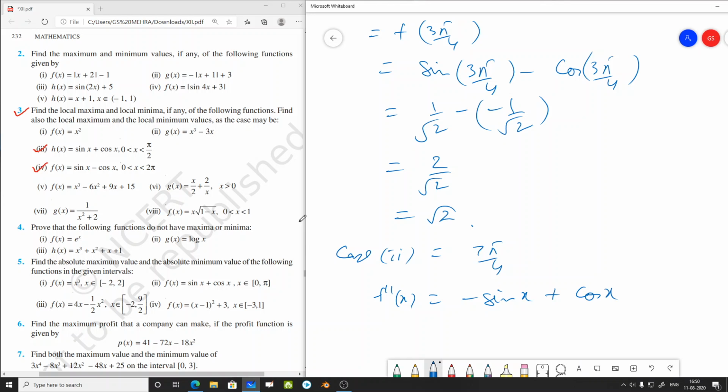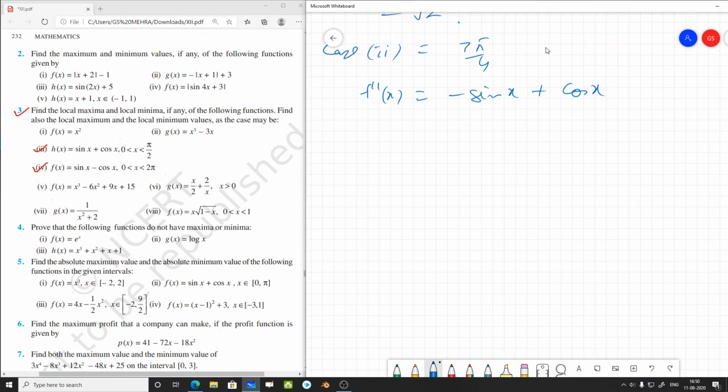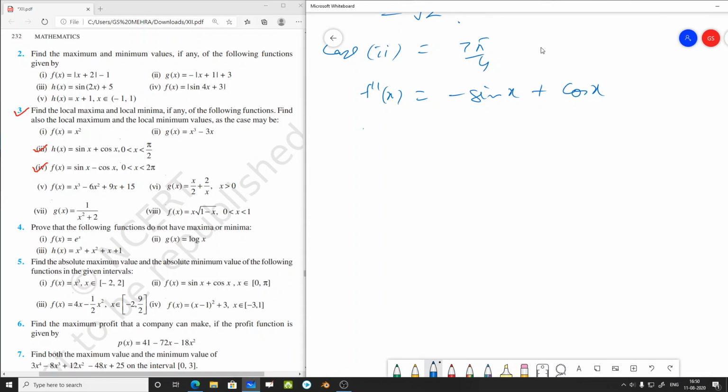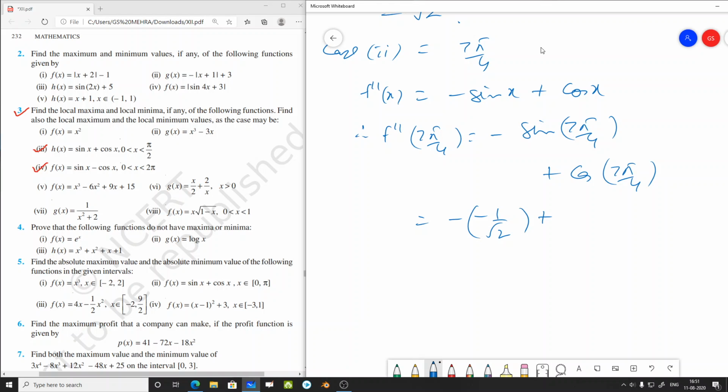In this we put the value 7π/4. Therefore f''(7π/4) = −sin(7π/4) + cos(7π/4). We know that 7π/4 is in the fourth quadrant, where sin is negative. So this will be minus of sin(7π/4), which is −1/√2, so −(−1/√2) plus cos(7π/4).